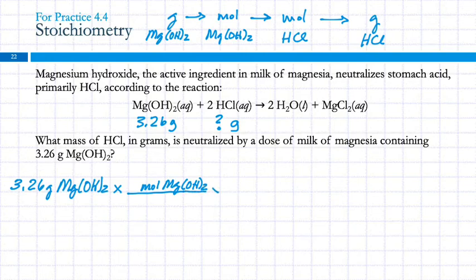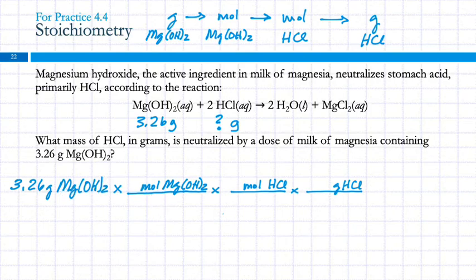I can make my line a little longer. And then I'm going to moles of HCl. And at the end, I'm going to grams of HCl. These units are marching along on the tops of those fractions. Okay?